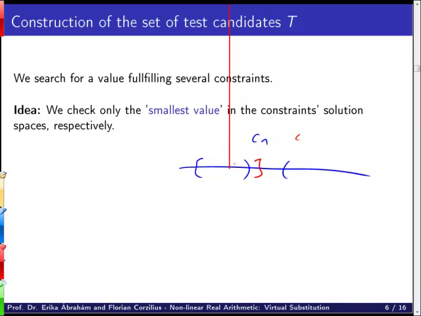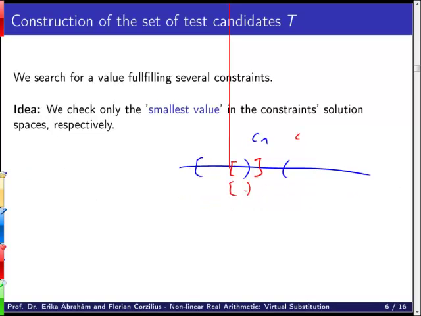So it is this, and now the intersection would be this interval. And you see the endpoints are the same as those endpoints we had before. And we say for all the intervals we have now, we take the smallest value. So here it is actually the bound, the left endpoint, the smallest one in this interval.